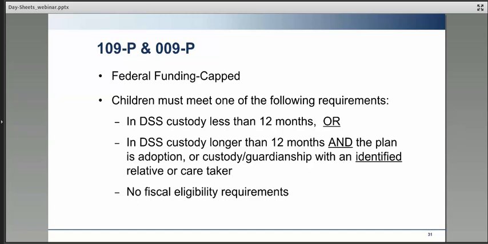We don't have to worry about the child's fiscal eligibility. So you may be imagining to yourselves right now, there are some specific children in your caseload that this might qualify for. That's really what it's designed for. It's a very specific population to help either get these children permanency quickly, i.e. the children who are in care less than 12 months, or to help facilitate permanence for a child who's been in care for a longer period of time.